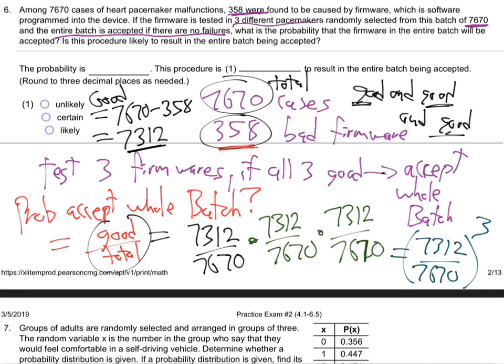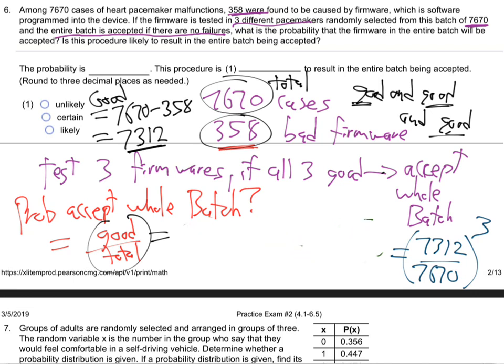Am I making any sense? I'm kind of running out of room. So you do the 7312 divided by 7670, equals, and then. Yeah, perfect. Let me write it out exactly. Do the 7312 divided by the 7670. Then hit equals, so you get the answer before you do the third power.